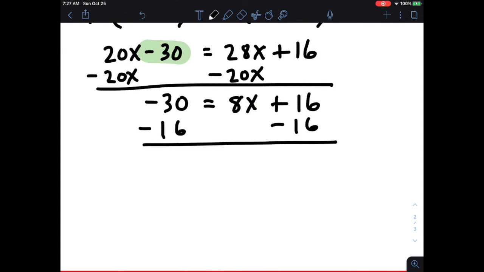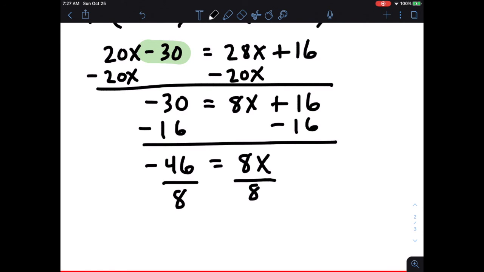And when I subtract 16 here, I have negative 30 minus 16. So they're both negative numbers. So that means I just add them together and keep it negative. So this is negative 46 is equal to 8x. And then I just want to divide both sides by 8.